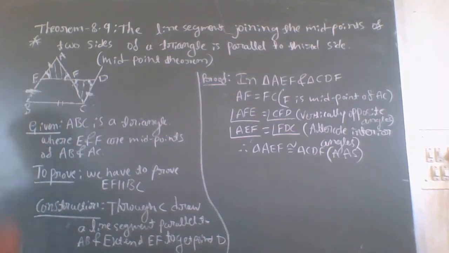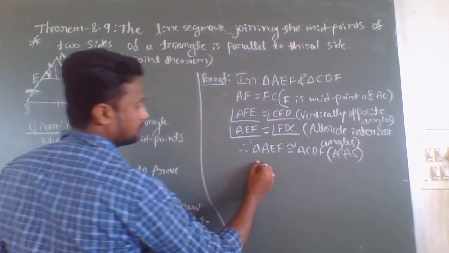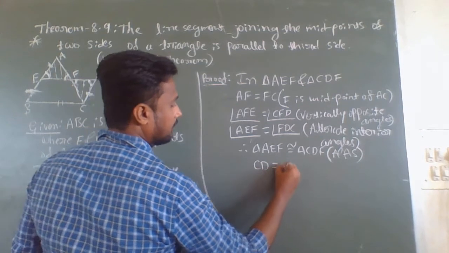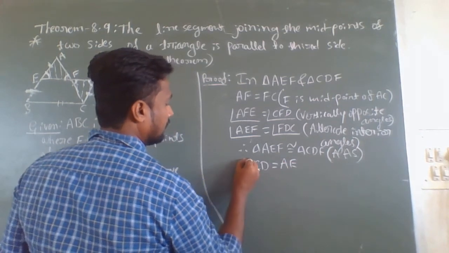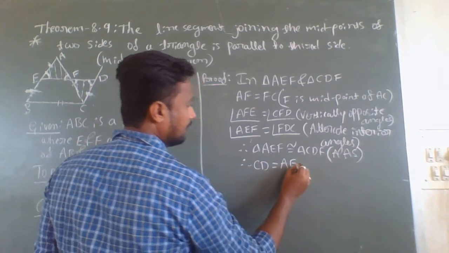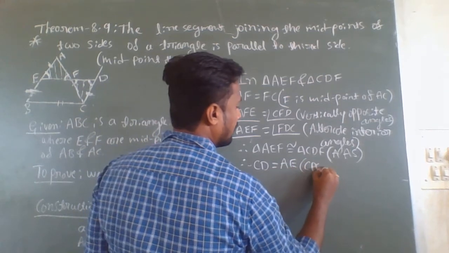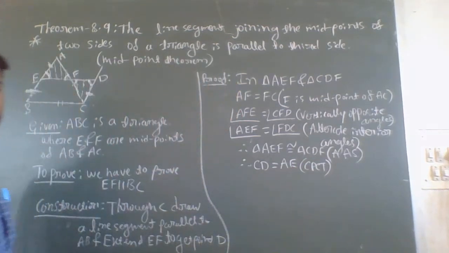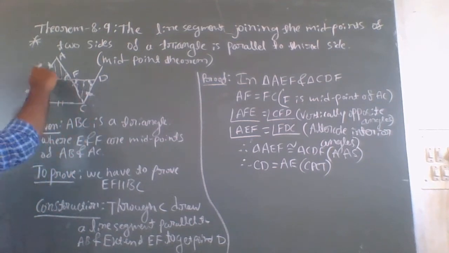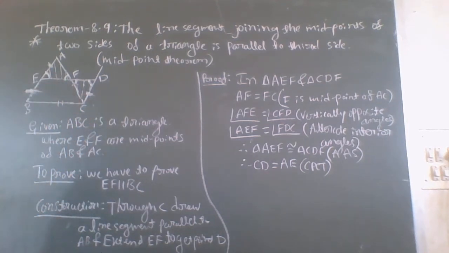CD is equal to AE. What can we write here? Therefore, CD is equal to AE by CPCT. CPCT means corresponding parts of congruent triangles. Therefore, this CD is equal to AE.